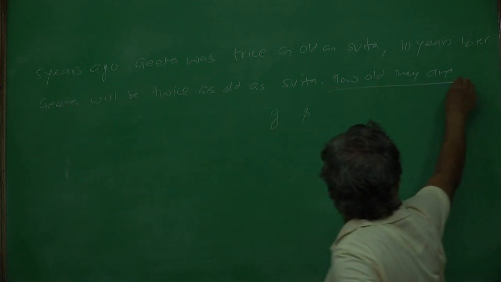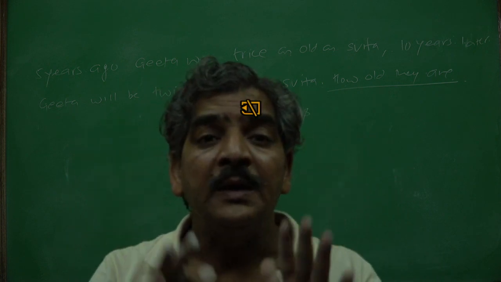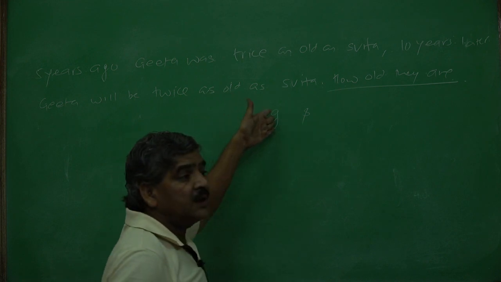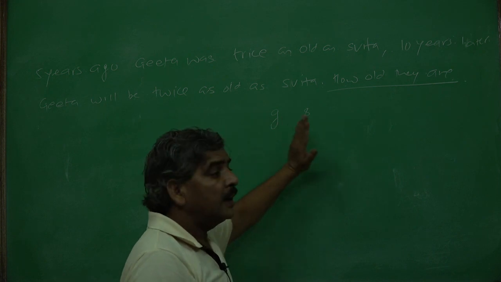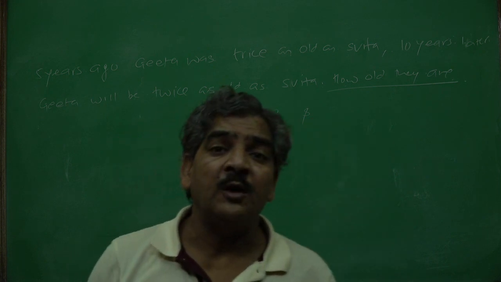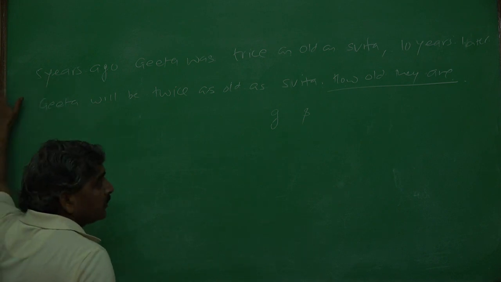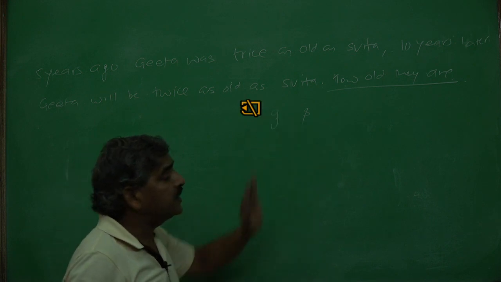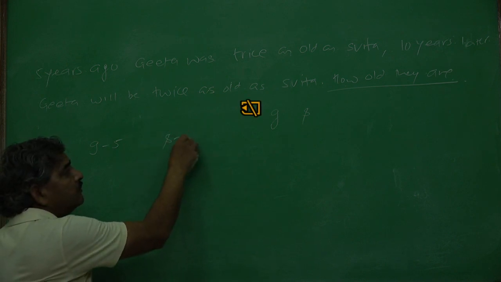How old they are, meaning you are asked to calculate the present ages of Gita and Sagita. So 5 years ago, go back 5 years. The age of Gita was G minus 5 and Sagita was S minus 5.